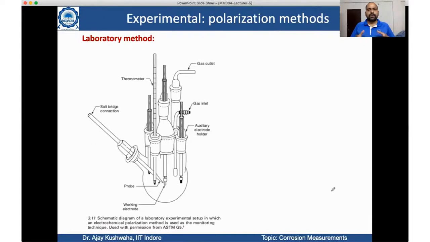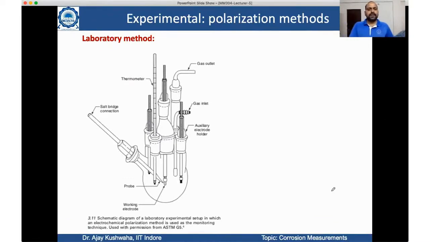Because we are going to measure the electrochemical current or voltage, and we expect these come from the corrosion, but if anything else is there, of course it is going to interfere with the result and our estimated corrosion rate or corrosion current will not be accurate. So some other protocol, or set of measures, is required.